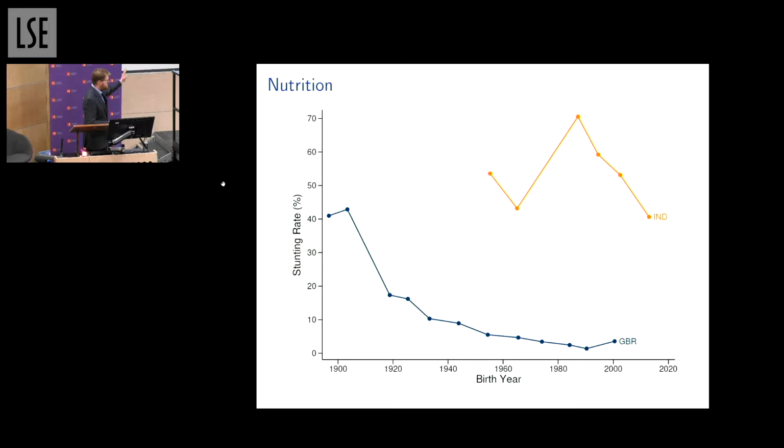So I'll start out with the UK. You can see the stunting rate is very high in the UK in 1900. And that reflects a poor environment in some ways, but we also know that there are major improvements in nutrition preceding that period. So between 1850 and 1900, there's a big increase in the calories that are available to the population.